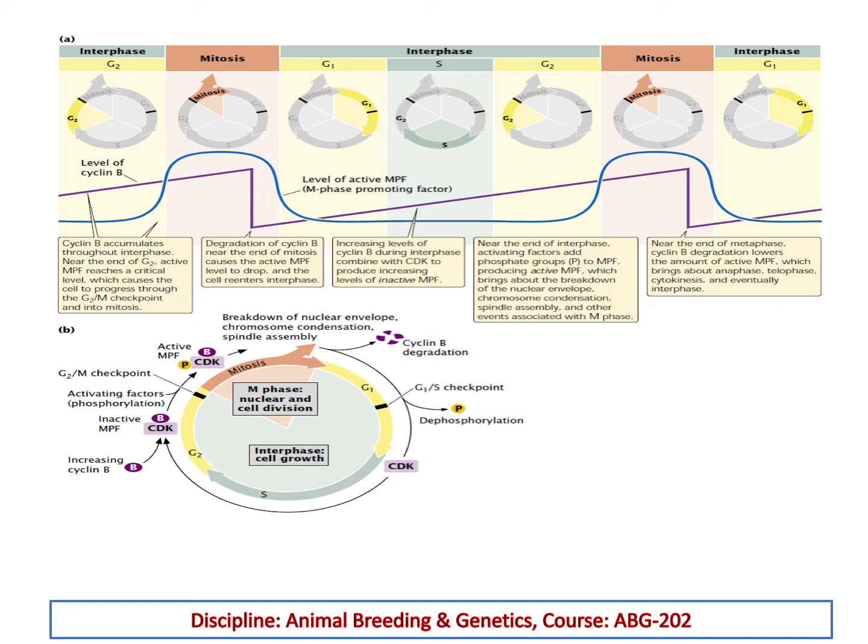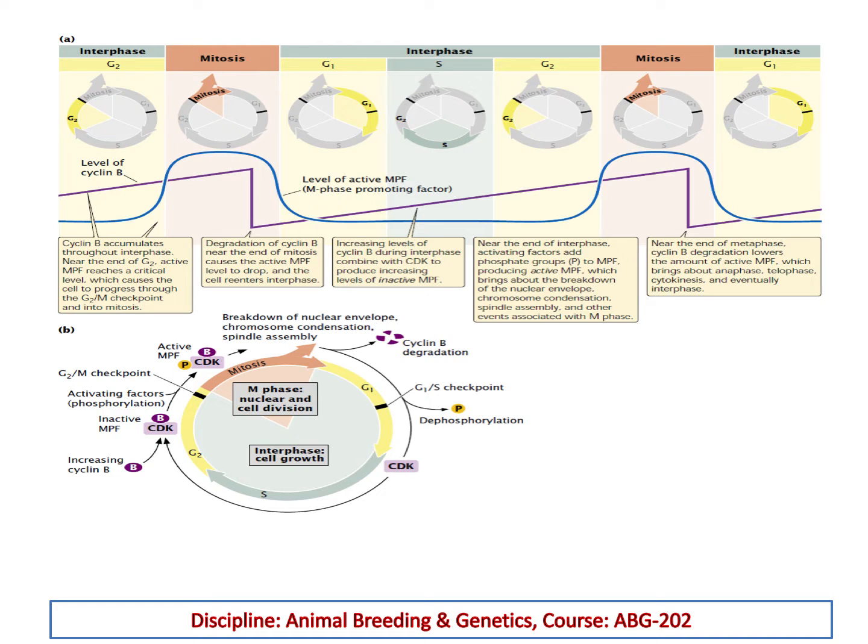enzymes that play a very important role in the cell division process. So if their level is going down or if their level is going up, they will determine the fate of the cell, whether to divide or to go to the rest phase.